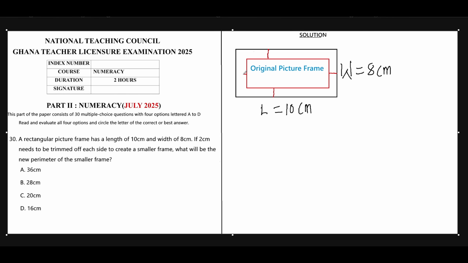So from the original one to the trimmed one, 2 centimeters. The distance from here to here, 2 centimeters. From here to here, also 2 centimeters. So now let's find out the dimensions of the new frame.